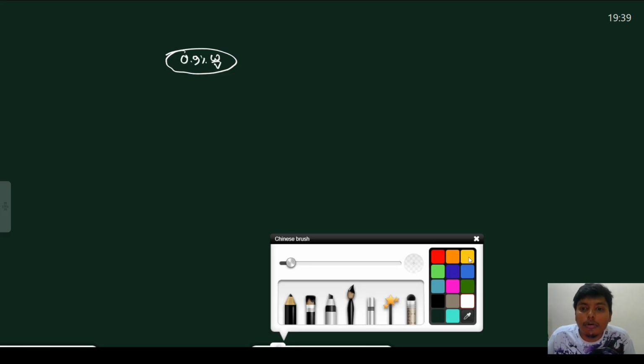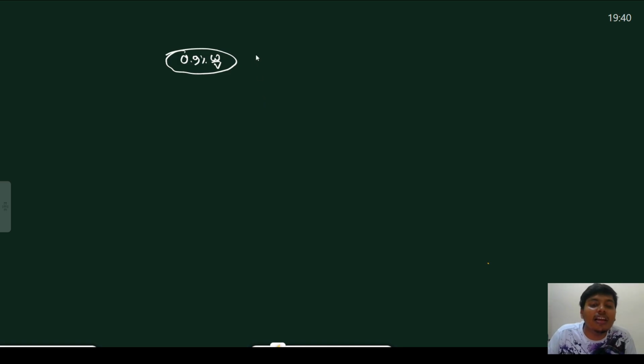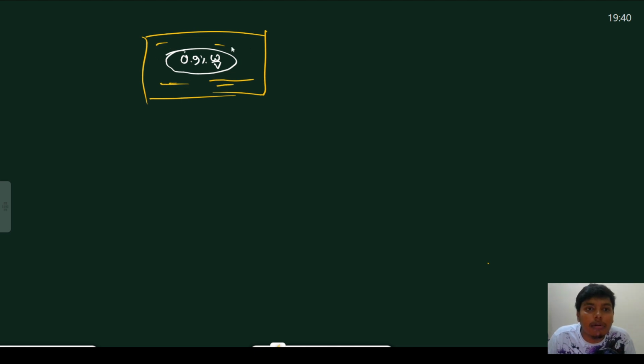Let's suppose this is our blood cell, with 0.9% W by V inside. Now, if you drink more salt water, more salty things, what will happen? Outside of the blood cell, the salt concentration increased. Yes or no?